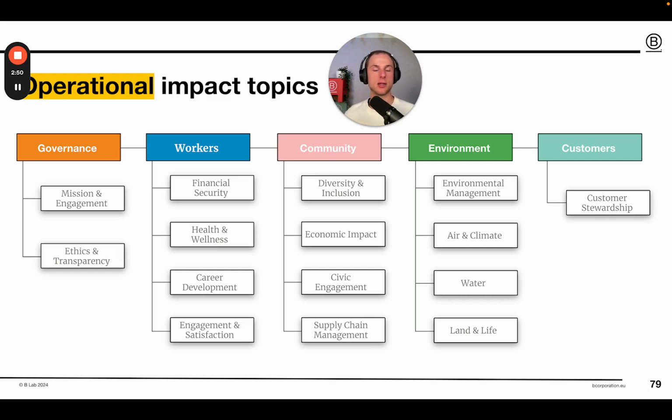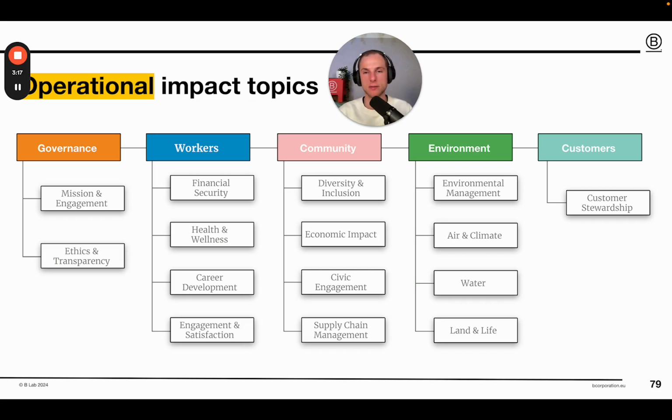So you will find, for example, in the workers section that every company is asked about the financial security of its employees, the health and well-being opportunities that they have, the career opportunities that they have, but also the employee engagement and satisfaction measurements. So again, these are all topics that you can more or less ask from any company.